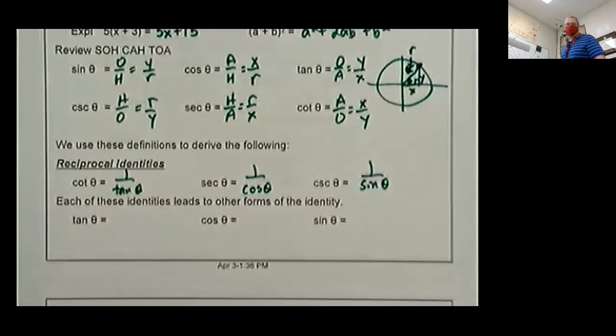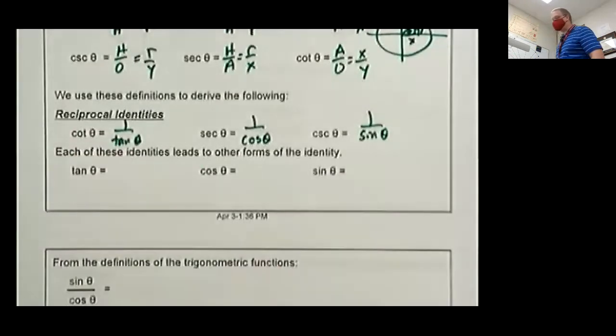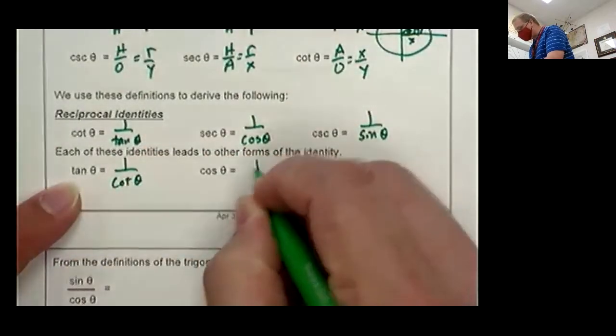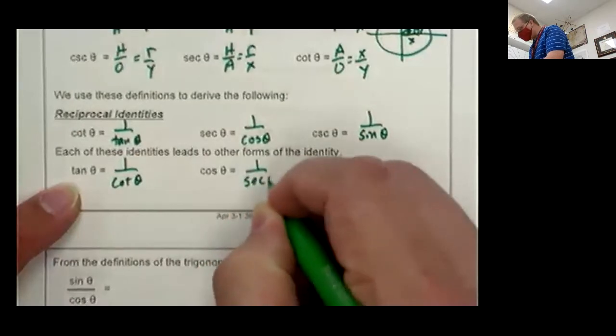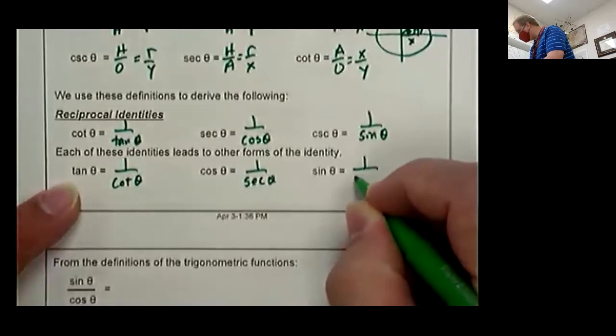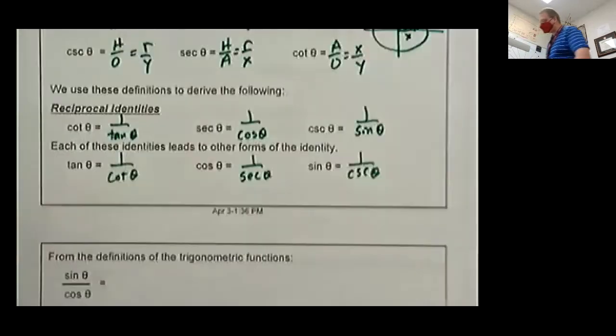Each of these identities leads to other forms of the identity, so we can go the other direction as well by basically solving for the other trig function using cross products and division. We get tangent of theta is 1 over cotangent of theta. Cosine of theta is 1 over secant of theta. And sine of theta is 1 over cosecant of theta.